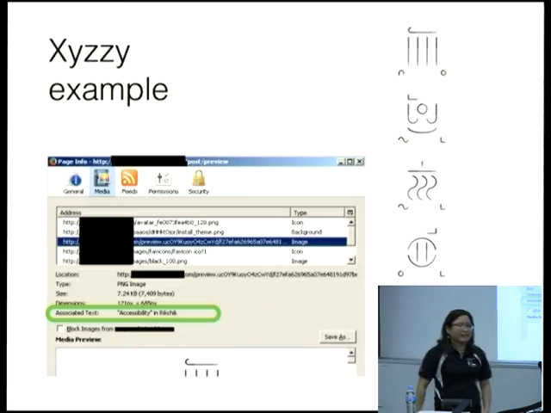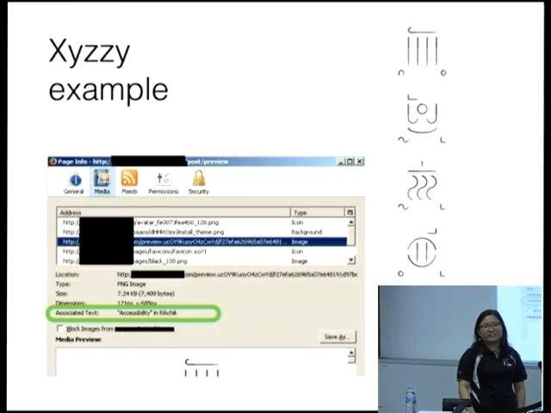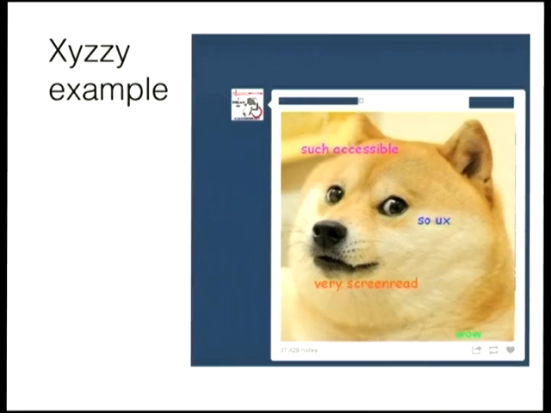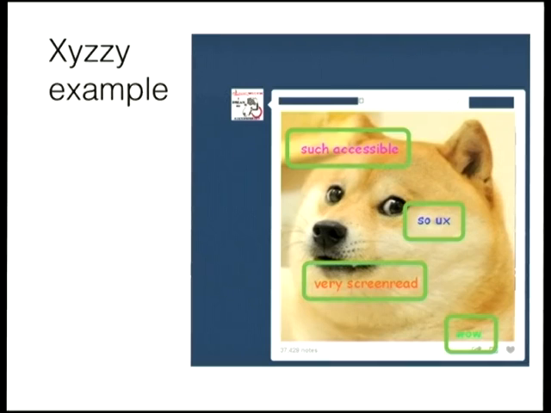But it goes further than that because this particular website is known for posting memes, images with lots of text on them. And, you know, if you go here, this image could be captioned as a Doge meme with a Shiba Inu looking at you, captioned, such accessible, so UX, very screen read, wow.